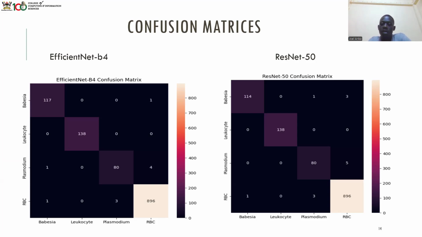Then for Plasmodium, it misplaced 5 and predicted them as red blood cells. Then for the red blood cells, we also saw 4 of them being misplaced, 1 as Babesia and the other as Plasmodium. Evaluating this, both of these models did fairly well, though some fine tuning is required so that this noise is catered for and removed.